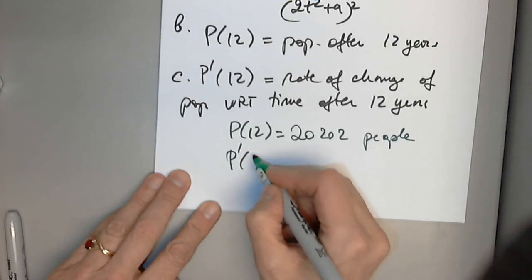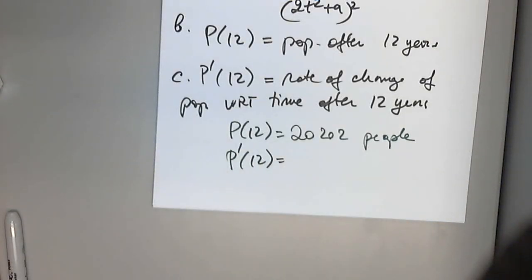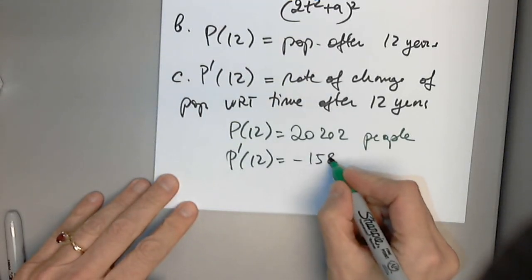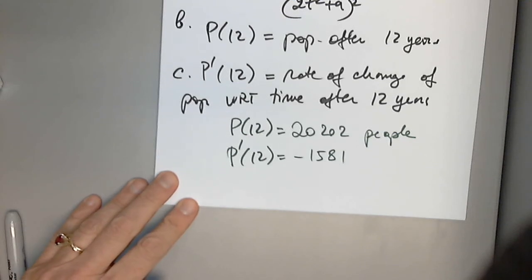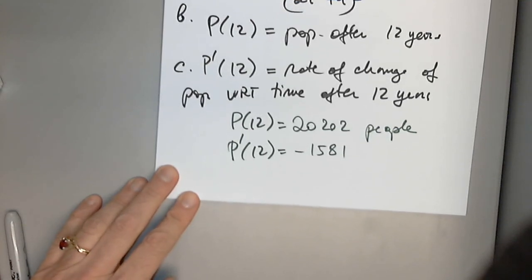What will you say P prime of 12 is? I got negative 1.58, in thousands, right? So what will that be? Negative 1.581. Measurement unit for the rate of change.